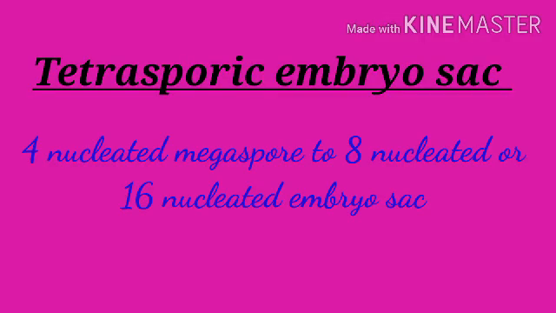Next, let us study another type of embryo sac development, that is tetrasporic embryo sac development. Here a 4-nucleated megaspore undergoes division and as a result an 8-nucleated or 16-nucleated embryo sac will be formed. Now you will wonder how this will happen, because obviously a megaspore has only a single nucleus. Now let us see how it happens.